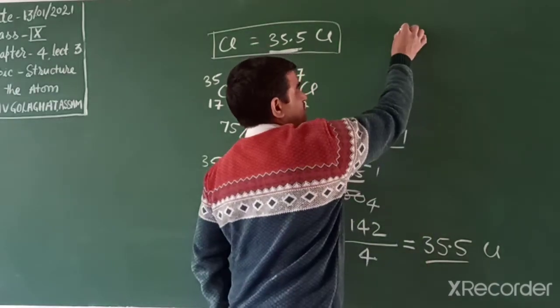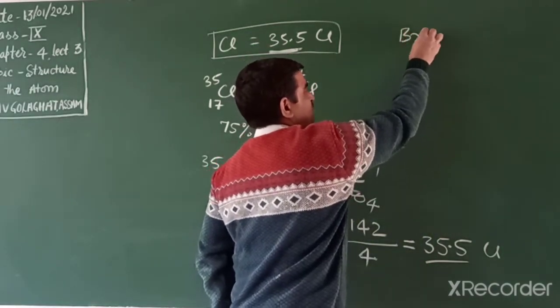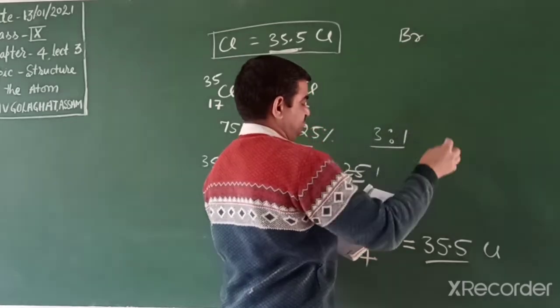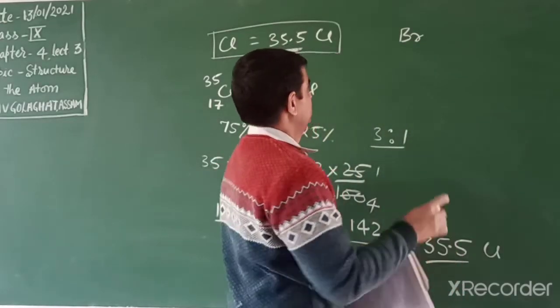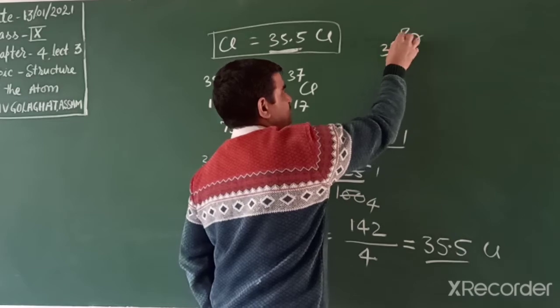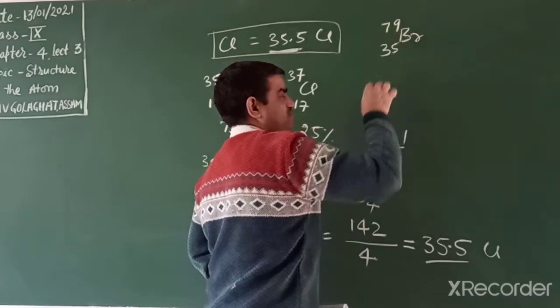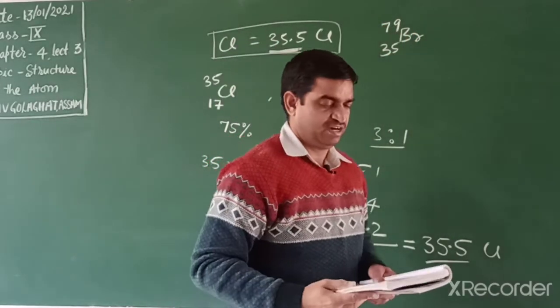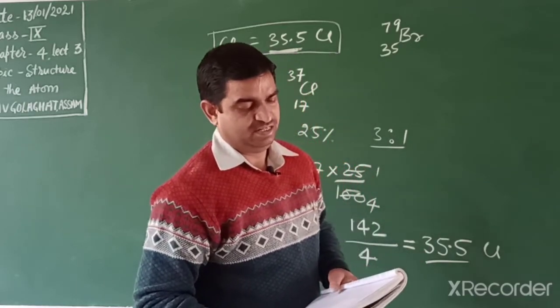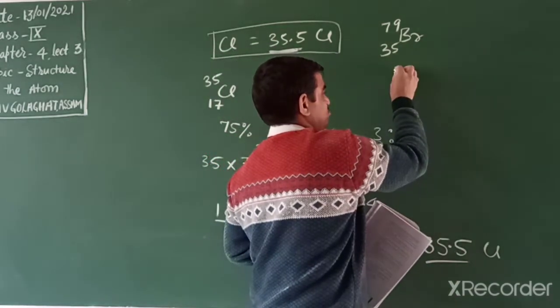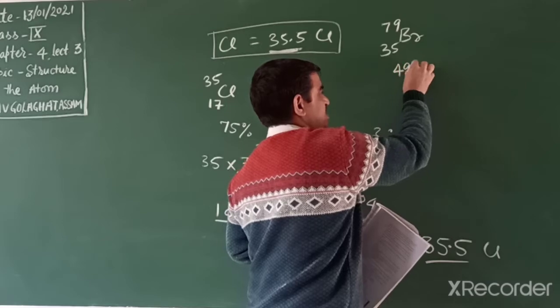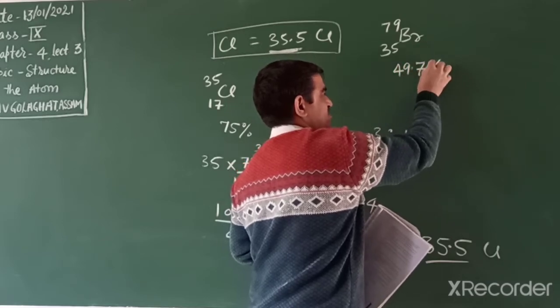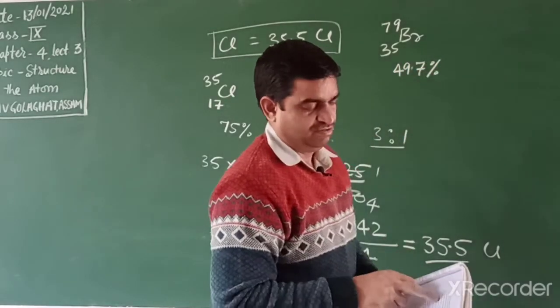Bromine has two isotopes, bromine 35, 79. This isotope is found 49.7% in nature, as given in your book.